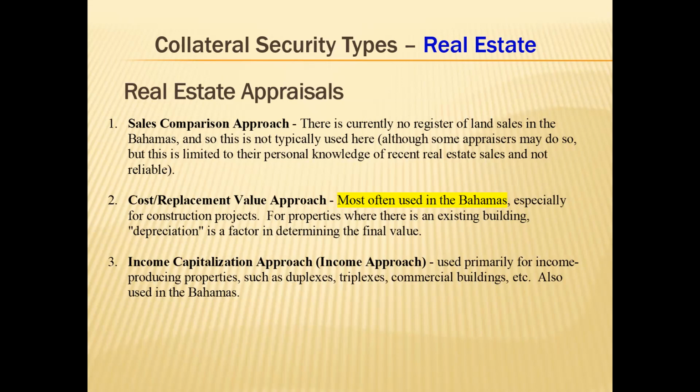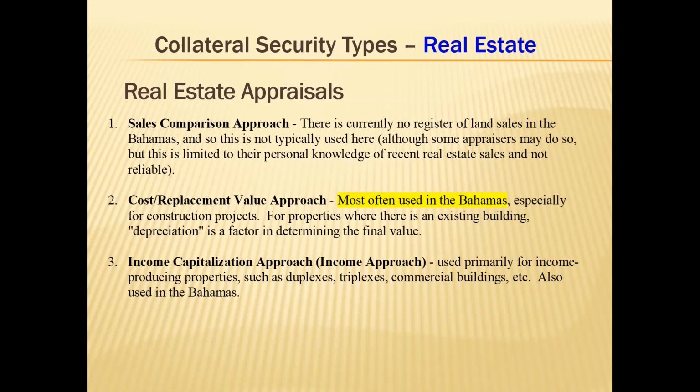So therefore we should be using only the $90,000. But the banks had at their disposal that they could then just simply discount the cost replacement value approach by 10%. Okay, so they could say, okay, it's valued at 100,000, but we're only going to use 90% of it. Okay, but of the cost replacement value.